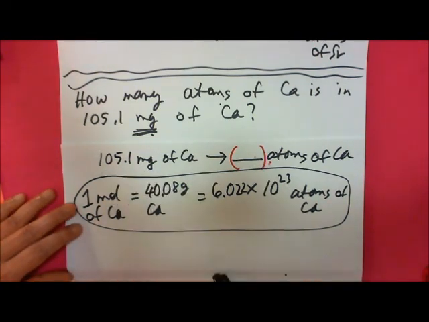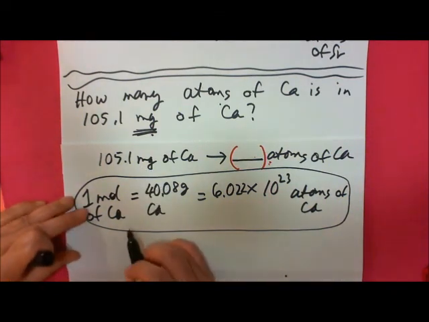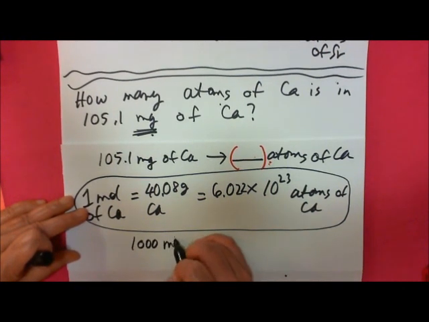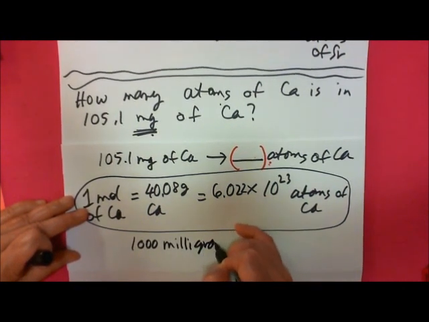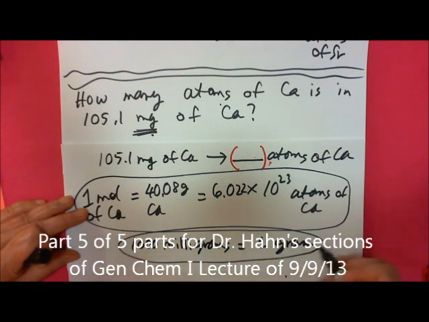Okay, so I got all of that. And then we also have this other thing that we had in chapter 1, where we said 1,000 milligrams is equal to 1 gram. All right?